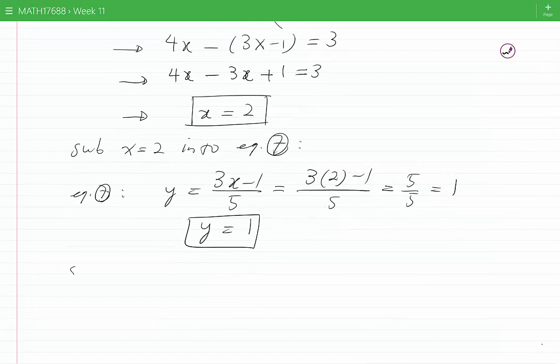Now sub x equal 2 and y equal to 1 in equation 4.